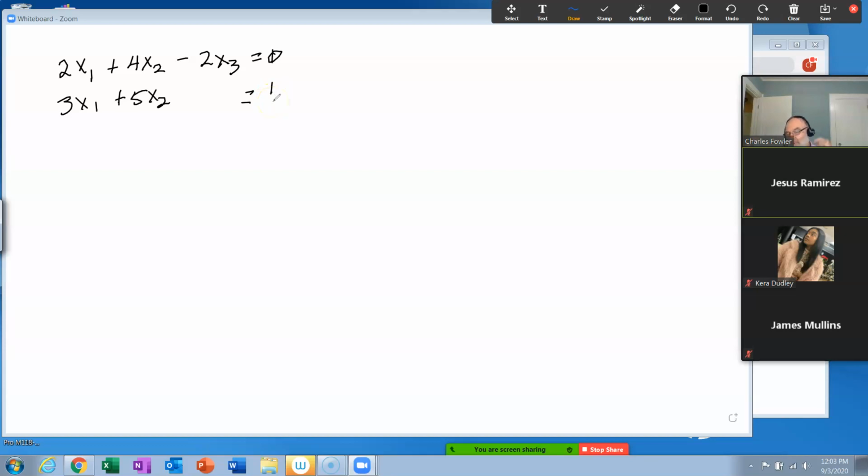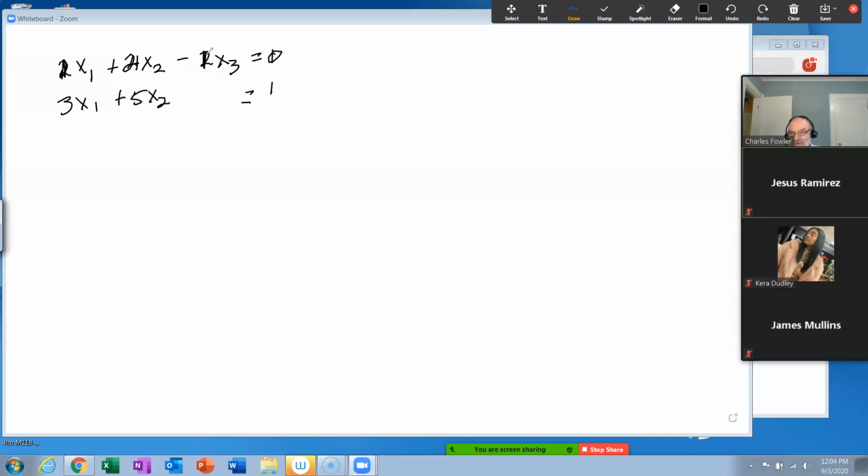Now, I really hate it when they give you problems like this, because there was absolutely no reason in the world to write the problem like that. If you knew that 2x₁ plus 4x₂ minus 2x₃ is equal to 0, you also know you can divide everything by 2. That would have been my first step, but I say, why not do it here? Divide it here: 1, 2, minus 1.